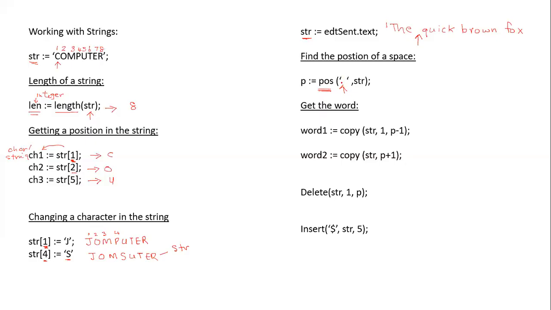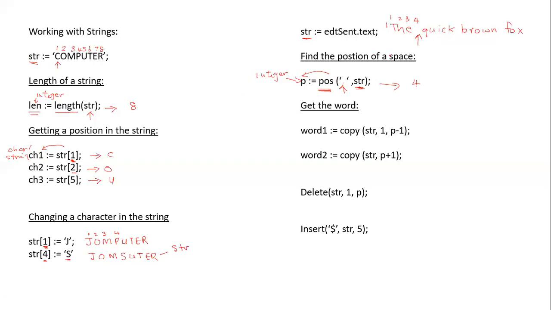In other words, I'm looking for a space, and the second parameter is the string in which I'm looking for the space. So pos will find the space in that string and return the answer as an integer. In this instance, the space will be found at position 4, and that will be stored in the variable p, which will be declared of type integer.